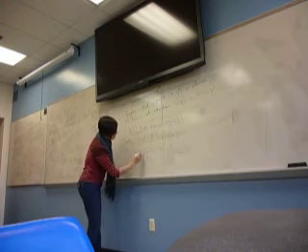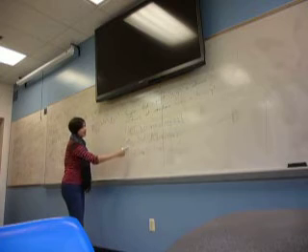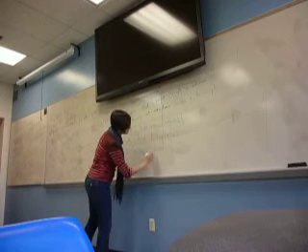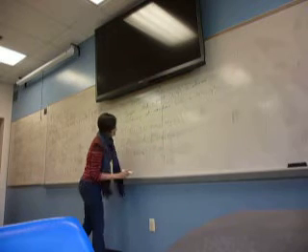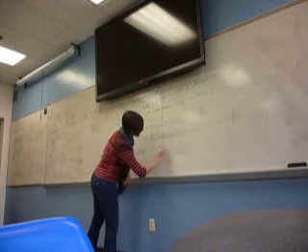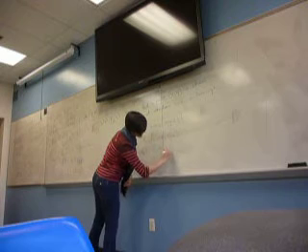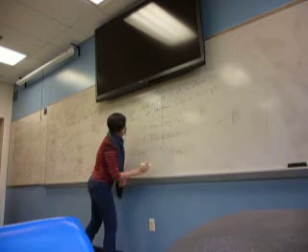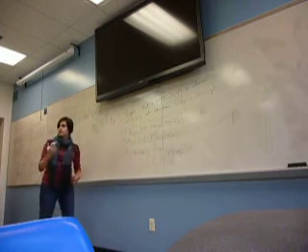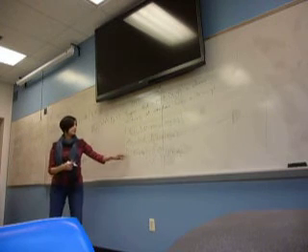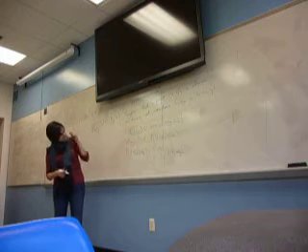So I integrate over this region. I look at the conditional density function, and I integrate over the region Y greater than 1. So that's how you find probabilities of it.